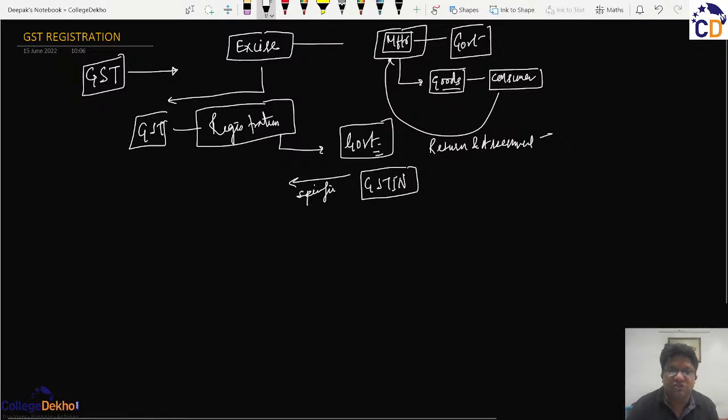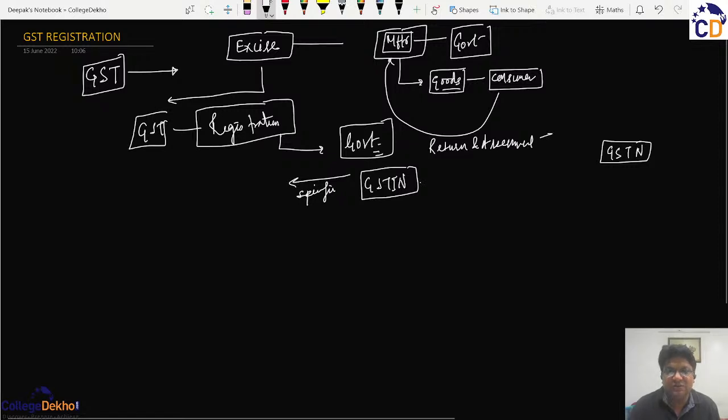And this GST identification number, the GSTN, denotes the network, because all the formalities of GST assessment, etc., are online. So we have the GST network, and that is why we have this GST identification number, which is a unique identity for every person who is agreeing to collect tax on behalf of the government based on various criteria and eligibilities.